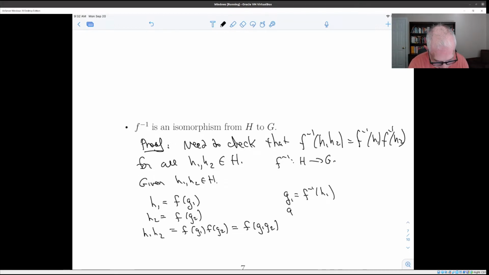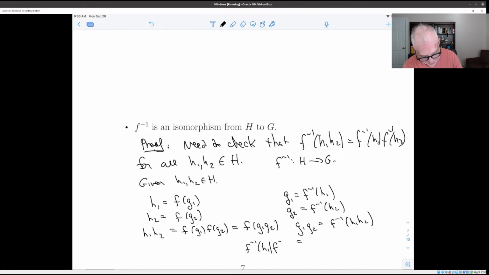The next one tells us that G2 is F inverse of H2. And the third one tells us that G1 G2 is F inverse of H1 H2. But on the other hand, G1 G2 is certainly also equal to F inverse of H1 times F inverse of H2. That's these two equations right here. So this checks out. It just tells us that the inverse is also an isomorphism.